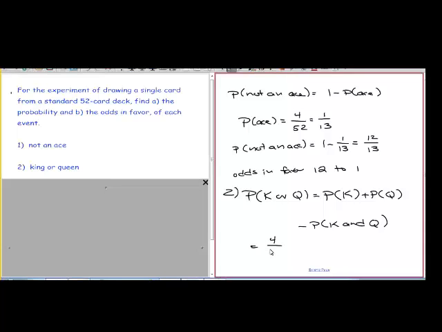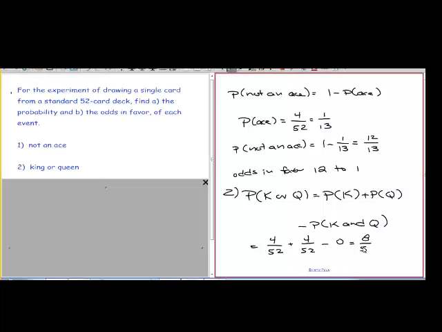So the probability of picking a king, there are 4 kings out of 52 cards. And the probability of picking a queen, there are 4 cards out of 52 cards. And there are no cards that are both the king and the queen at the same time.